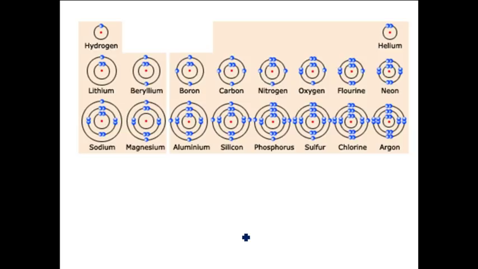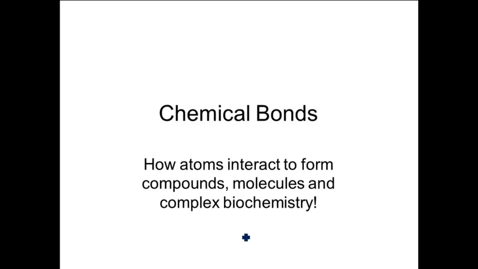Okay, and now we're going to move in and talk about types of chemical bonds. There are 3 types of chemical bonds. Chemical bonds are how atoms interact to form compounds, molecules, and then the complex biochemistry that we see in cells that allows cells to do what they do is all about chemical bonds.